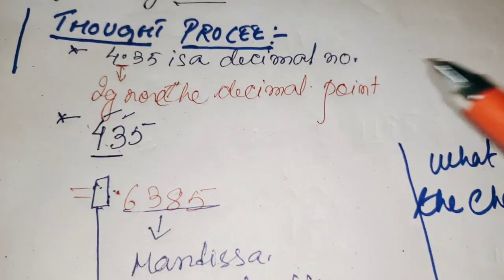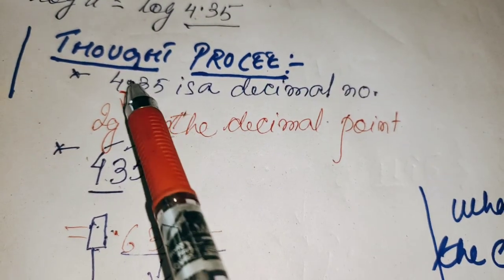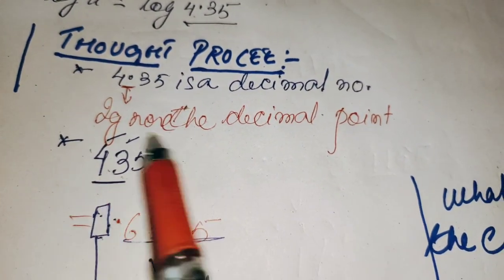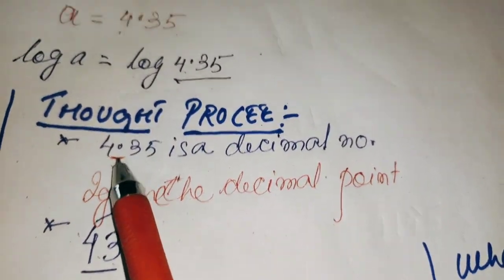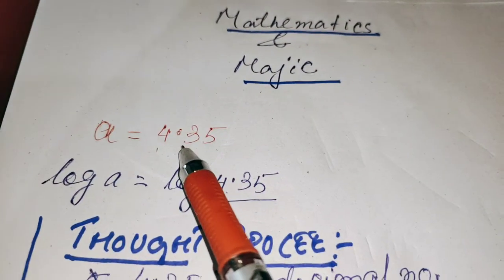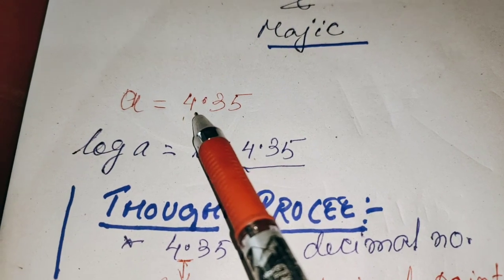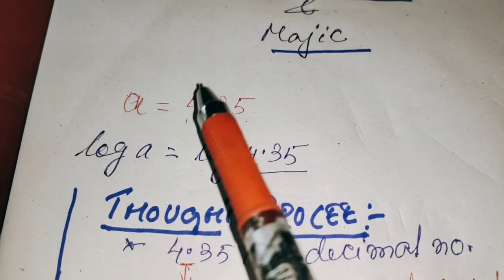Here you can see that in this case we will not consider this one. We will go to the original value. The original value is 4.35. So here you can see that there is only one single integer.